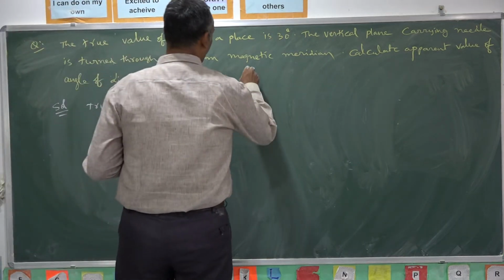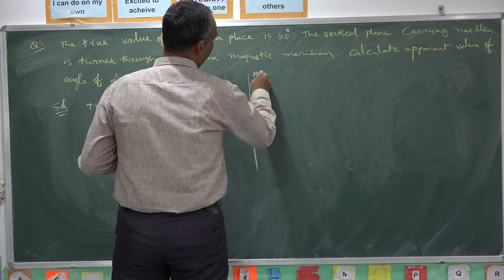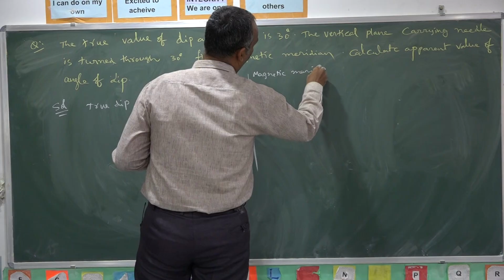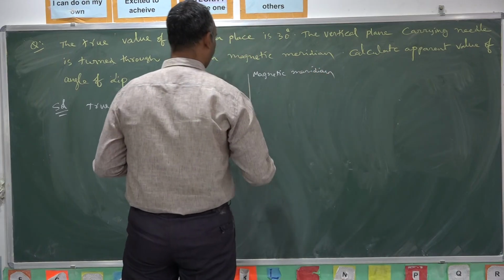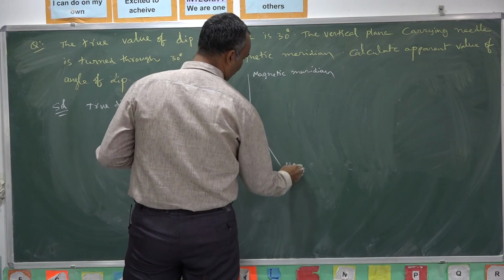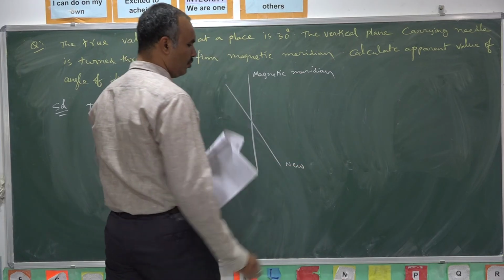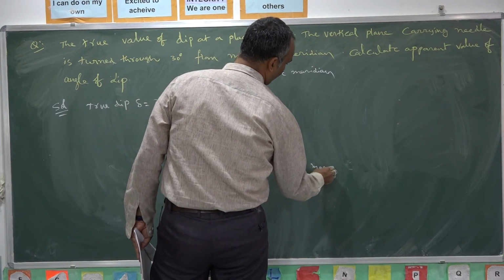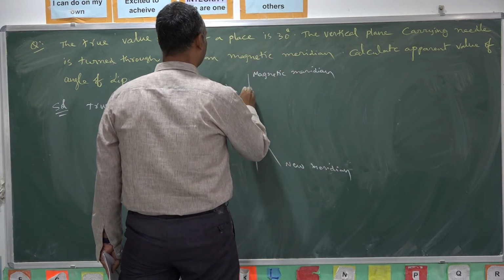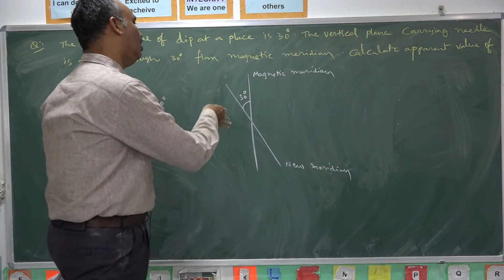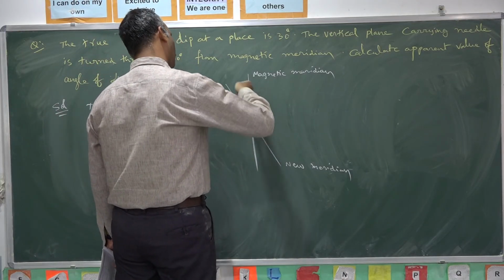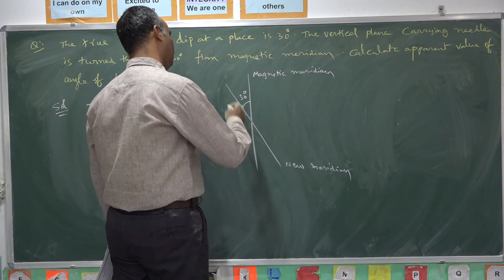So this is the original meridian, the magnetic meridian. Now the new meridian is like this, new meridian. This angle they gave, 30 degrees. Earlier the needle is in this direction. Now you rotated the needle.